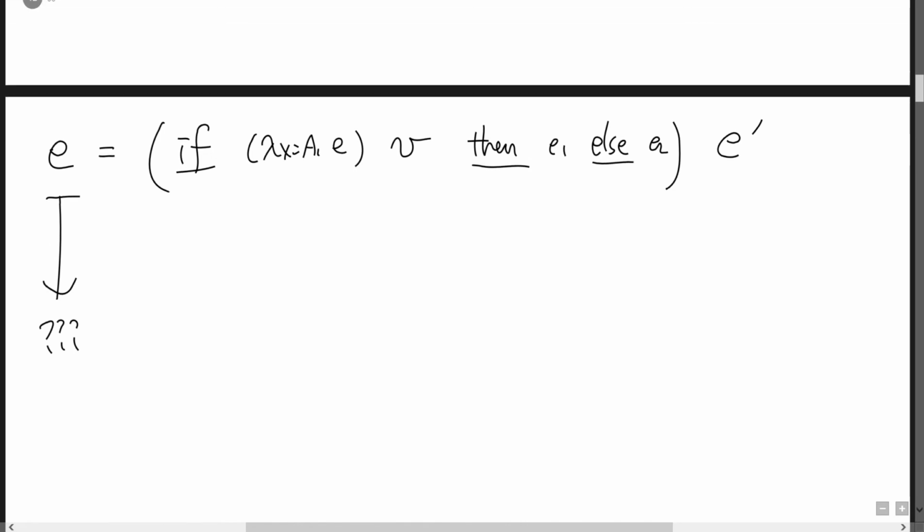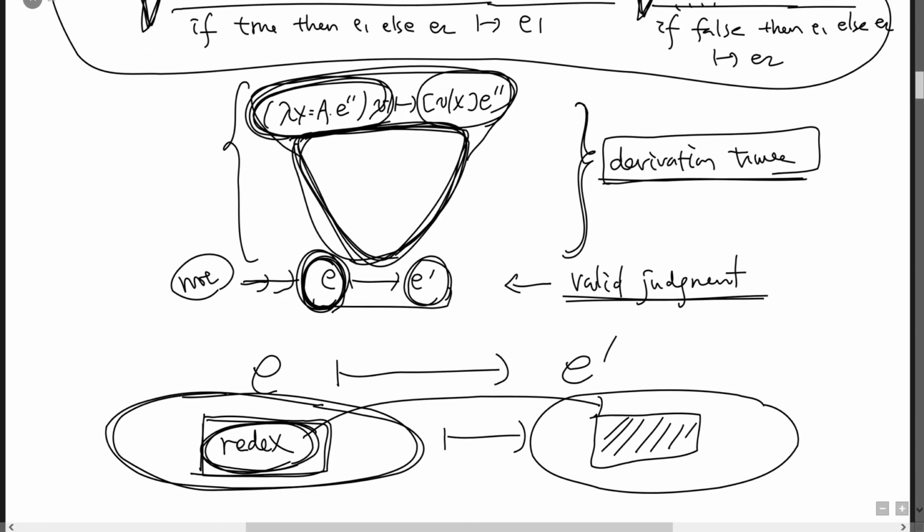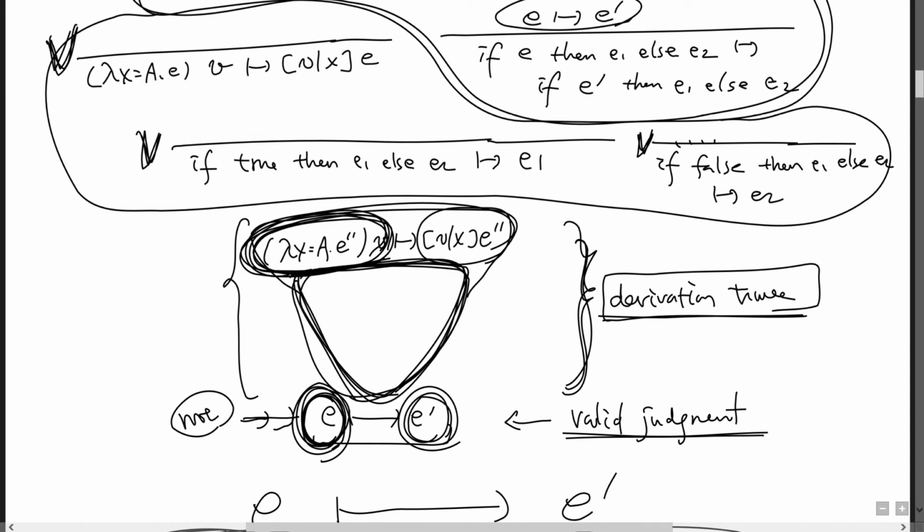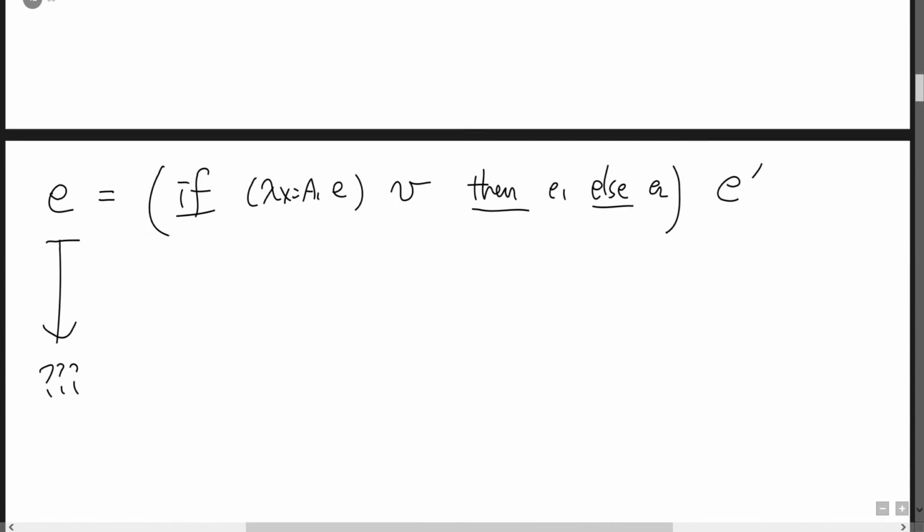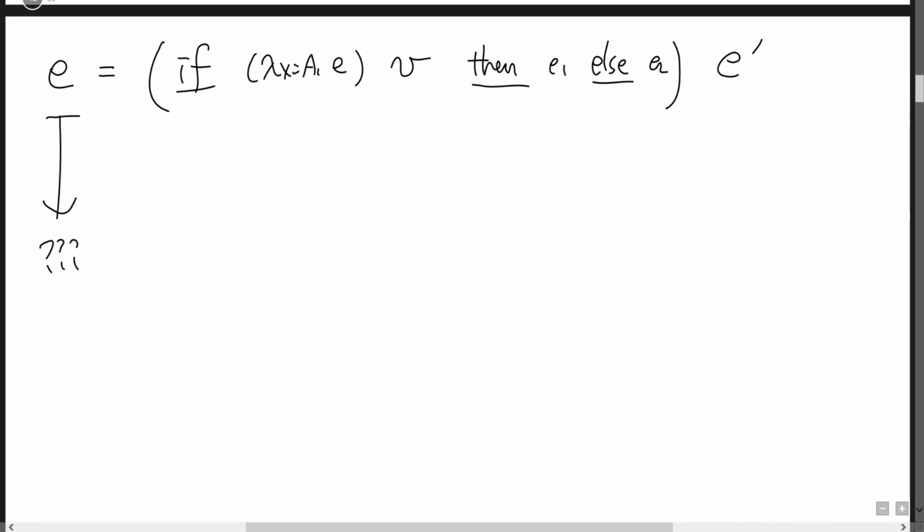Then, as we have seen in the previous observation here, if an expression is reducible at all, then we should be able to find an expression, a red x, that can be reduced by one of these inference rules, one of these reduction rules. So in this case, inside the expression e, we should be able to find such a red x. And in this particular example, the red x is this expression.